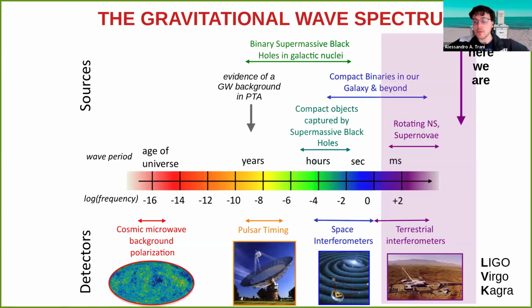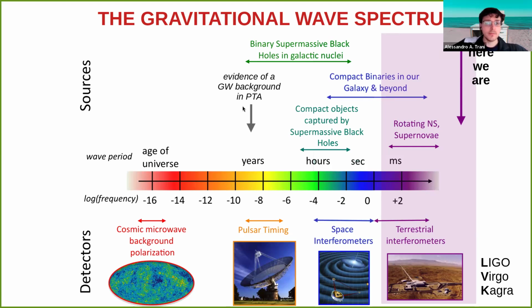And as I mentioned earlier, the gravitational waves have a frequency, so there is a spectrum of gravitational waves. At the moment, we are here, so we observe at the high end of the spectrum, very high frequencies, with terrestrial interferometers.